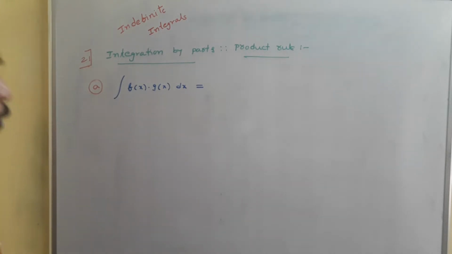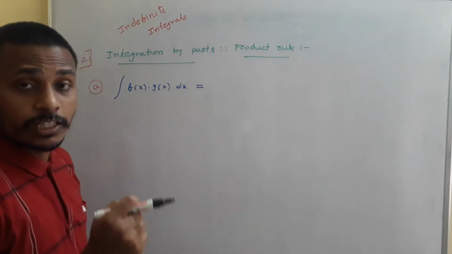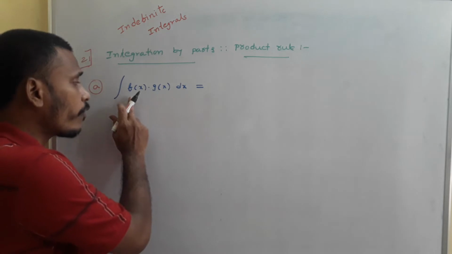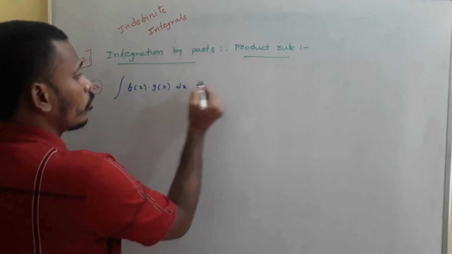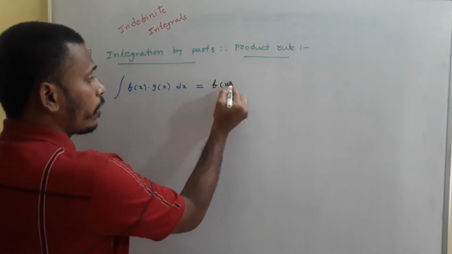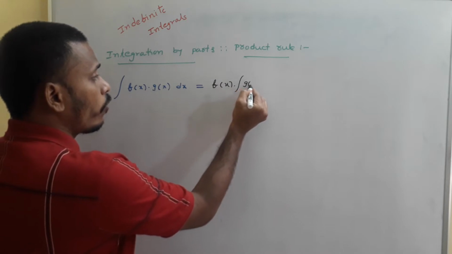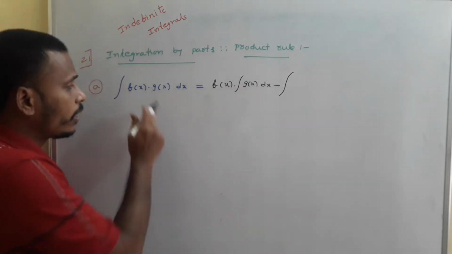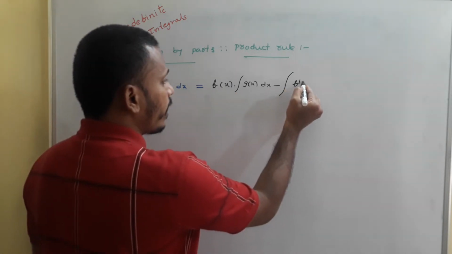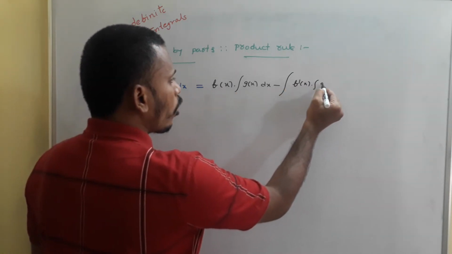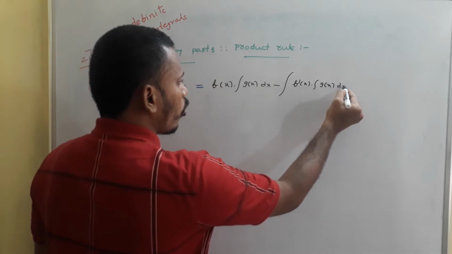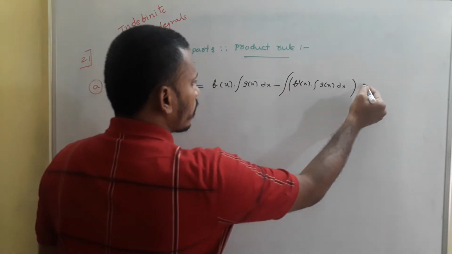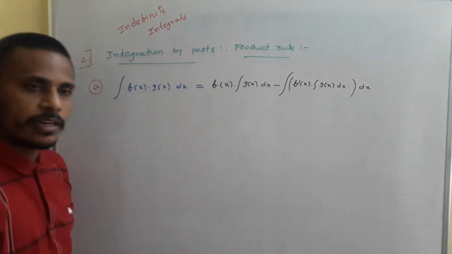So finally what we have: the integral of f of x into g of x dx, first function into second function. This is the first function f of x into the integral of the second function, minus the integral of the derivative of the first function, f dash of x, into the integral of the second function, integral g of x dx, and this total thing is again with respect to x and integration.